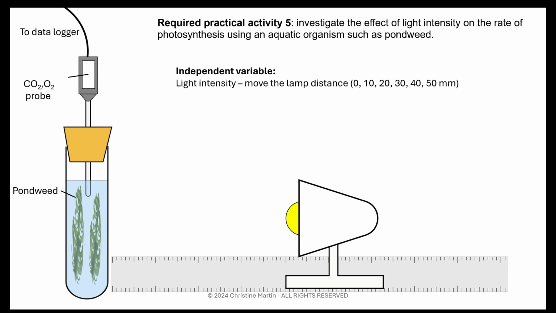Now remember, as I double it, so as I go from 10 millimeters to 20 millimeters, I have the inverse square law. I have quartered the intensity. As I go from 20 to 40, again, I have quartered the intensity. So by moving the lamp further away, I am affecting the light intensity that the plant is being exposed to.